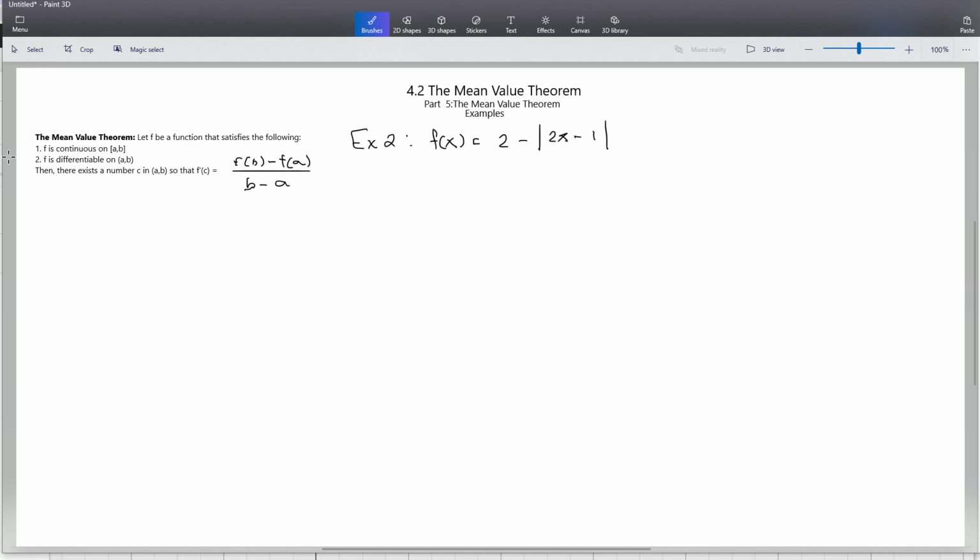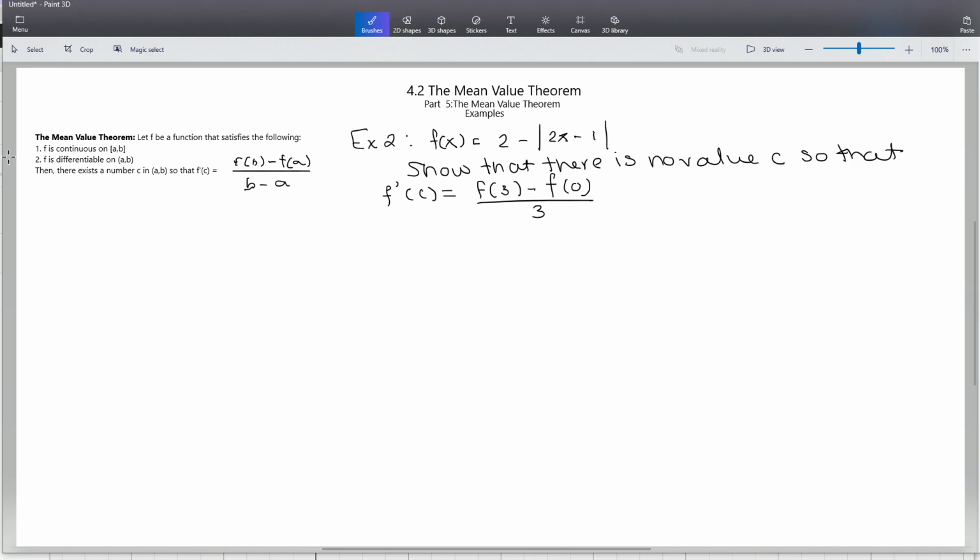What we want to do is show that there is no value c so that f prime of c equals f of 3 minus f of 0 over 3.